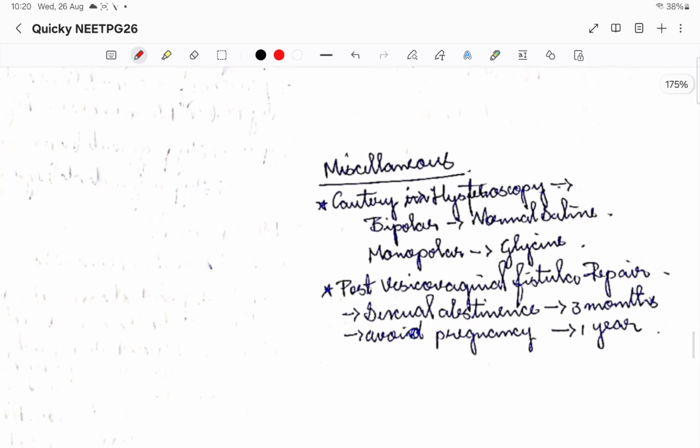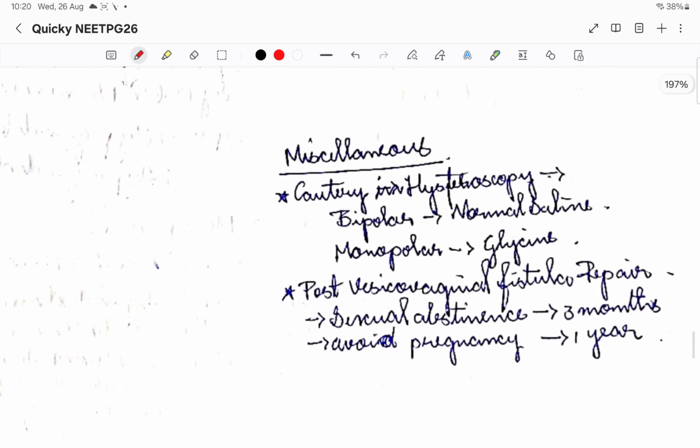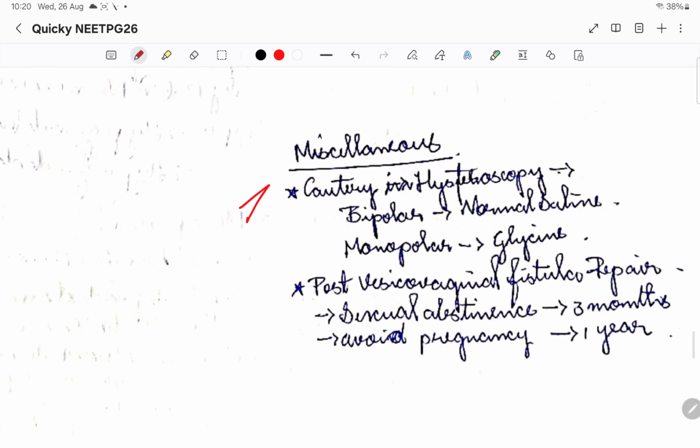Then coming to one of the miscellaneous topics, cautery, questions on which have been asked in previous year topics, that is the cautery that we use in hysteroscopy. The cautery methods are bipolar and monopolar. For bipolar we use normal saline, and for monopolar we use glycine.